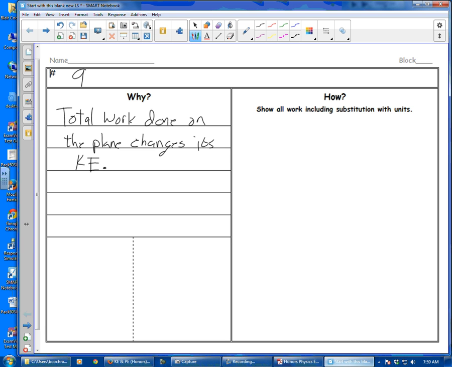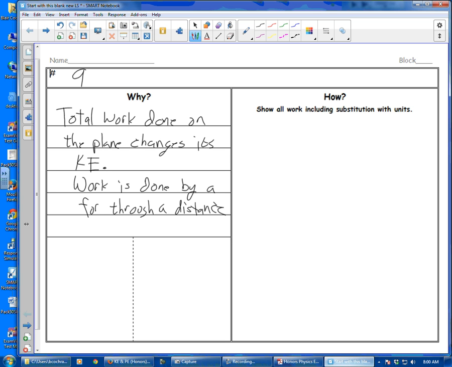Maybe I should also show that work is done by a force through a distance, just because I know I'm going to end up using the definition of work in my how, so it's good to show that I understand it in my why.